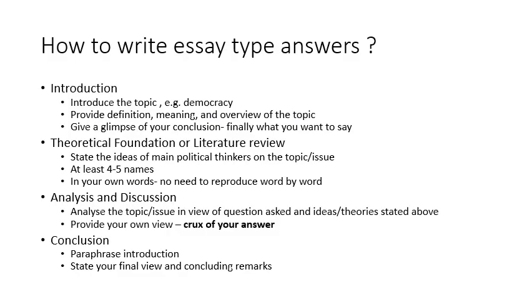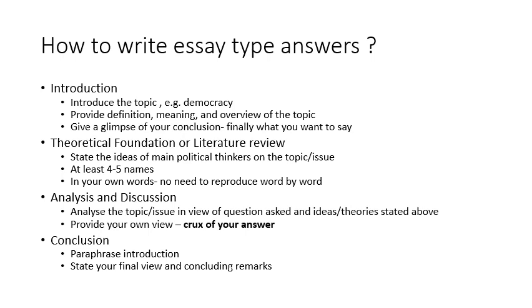Before we begin the analysis of the 3 years of questions, let us see how to write essay type answers in social science. It's nothing but an essay you wrote in school days. We first write the introduction, which is to introduce the topic, that is here democracy, suppose.